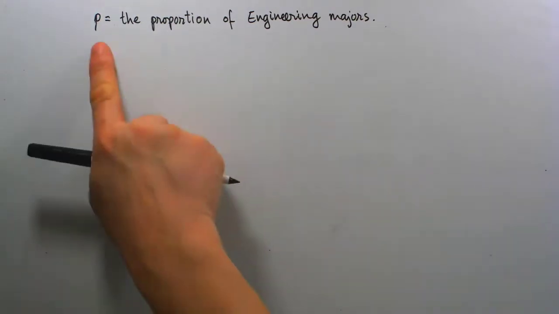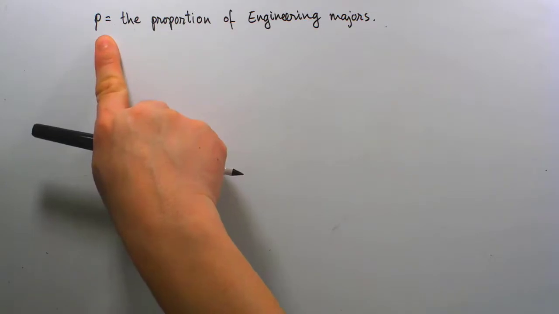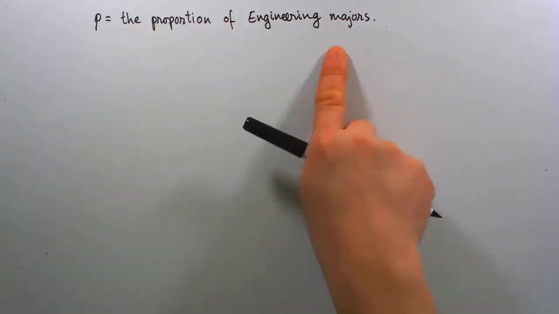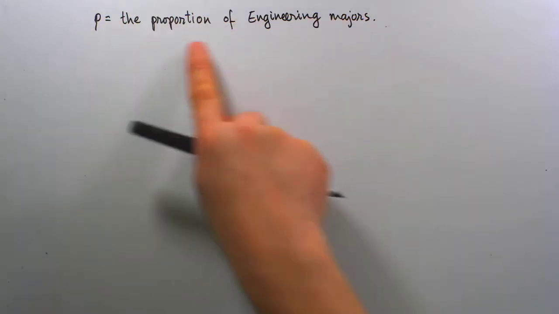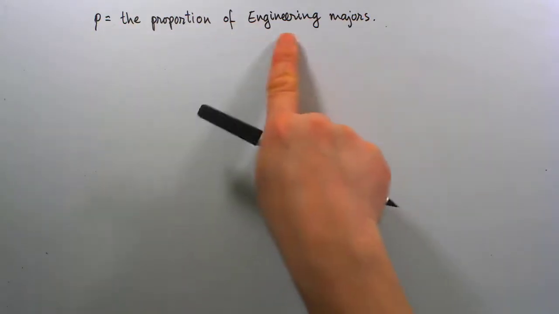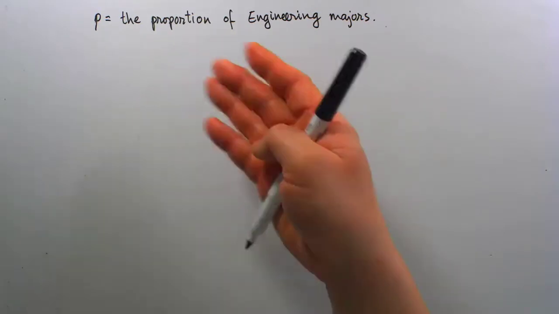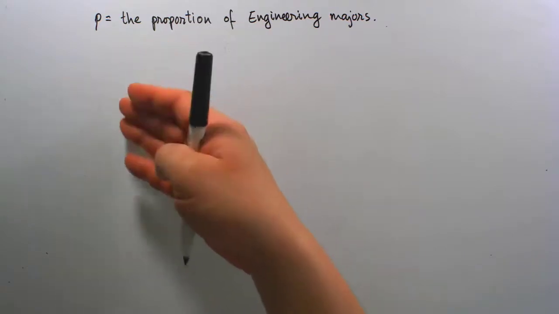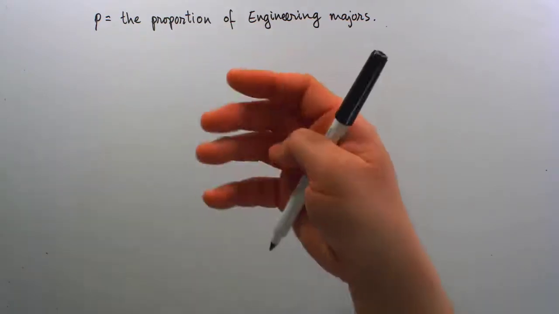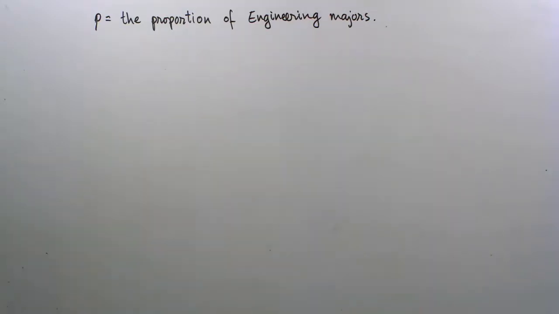So what we have now defined the proportion lowercase p here to represent is the proportion of engineering majors. But this is just a general population proportion. It can be found in Newton University, it can also be found in Gauss University, it can be found in any universities worldwide, as long as the university has a school of engineering.